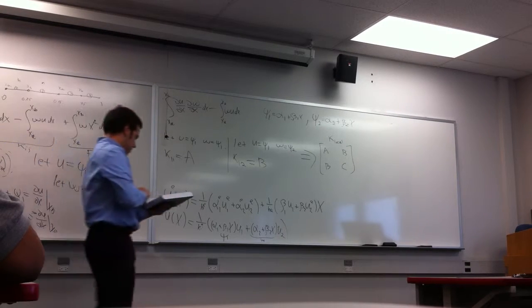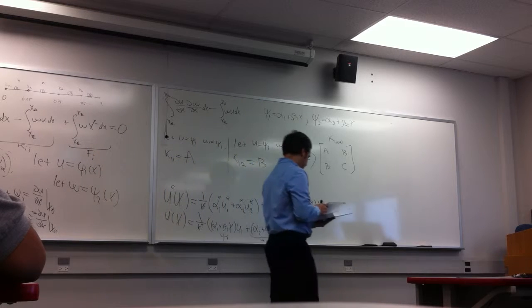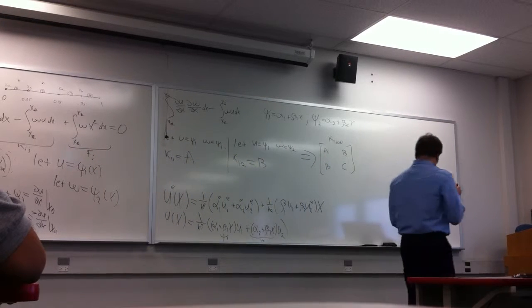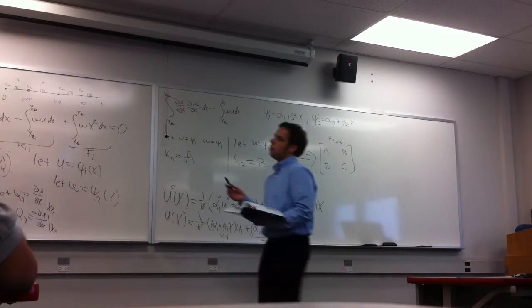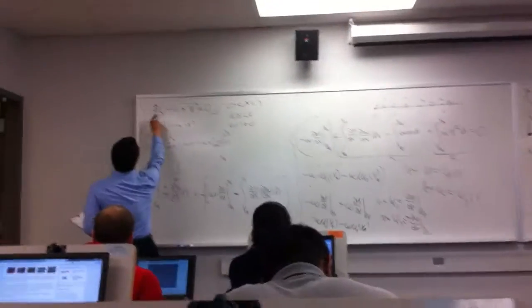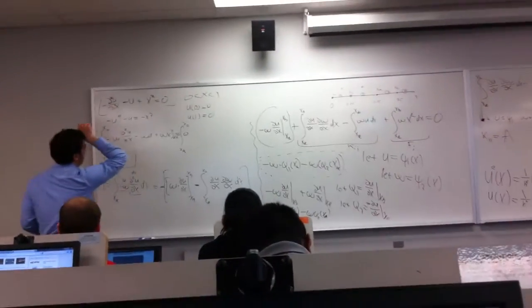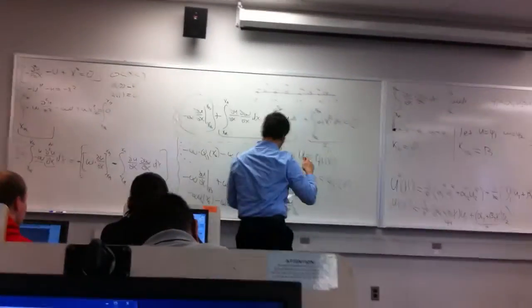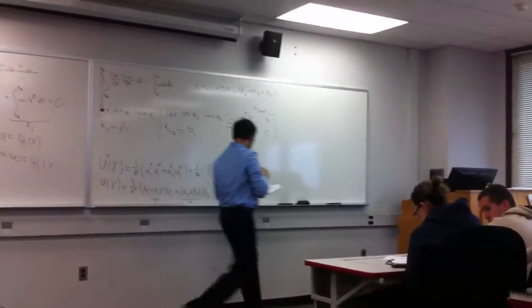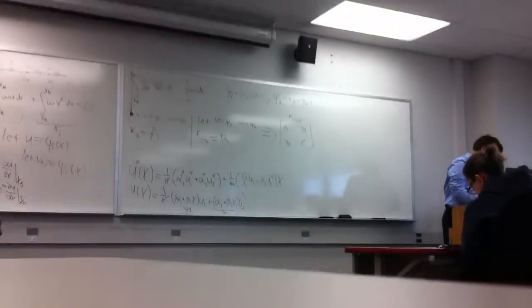Okay, I don't have time to prove it to you, but it's a function only of this coefficient, that coefficient, and the H. If you're really curious, let's just quickly write this equation.